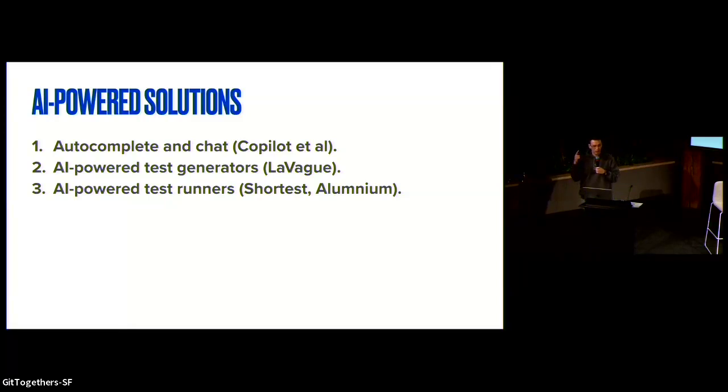And then there are AI-powered test runners, where you run a test and they use AI during the execution of the test to make it stable and robust, with little interaction. I'm going to show you a project called Shortest, and eventually introduce Alumnium, which is the project I've started.